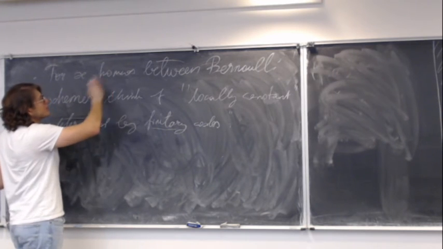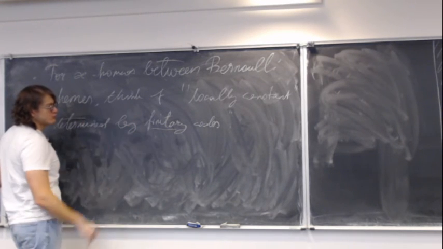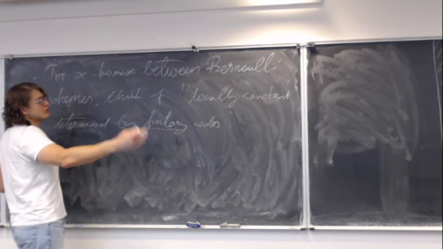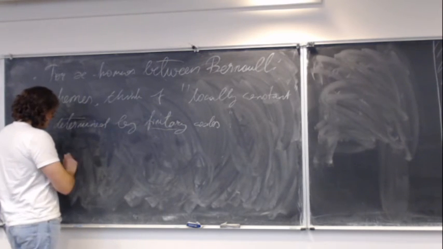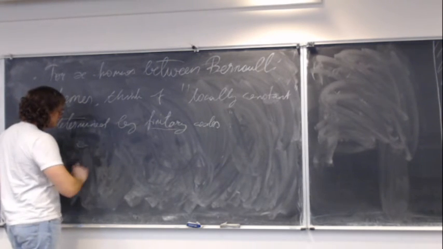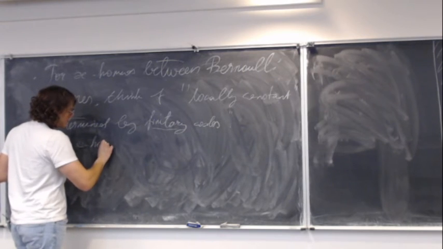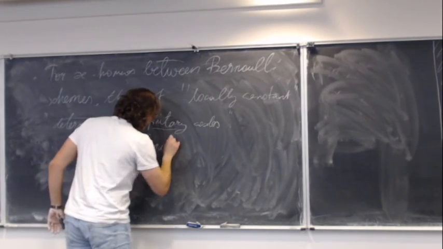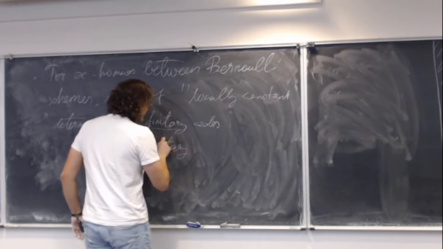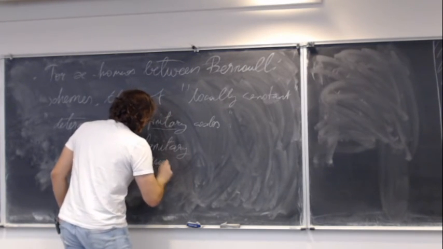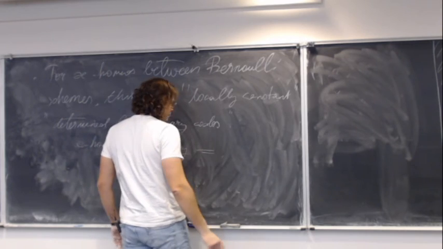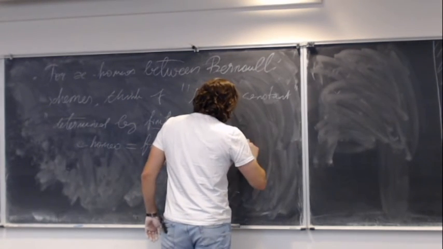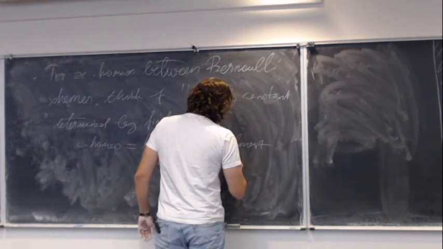Another word for Ash homeomorphism is finitary isomorphism. Another word is almost topological isomorphism. So let me write those two. It's the same thing. Finitary isomorphism, which is the same thing as almost topological.